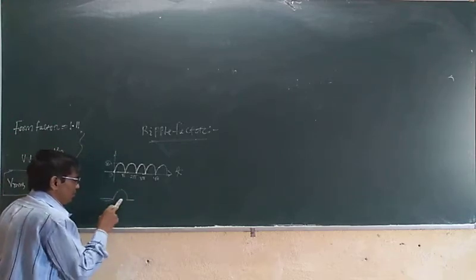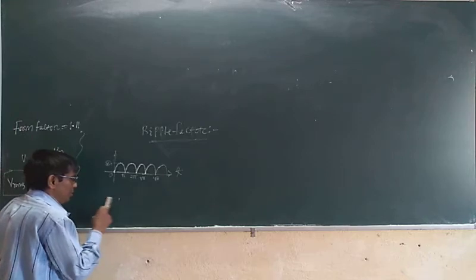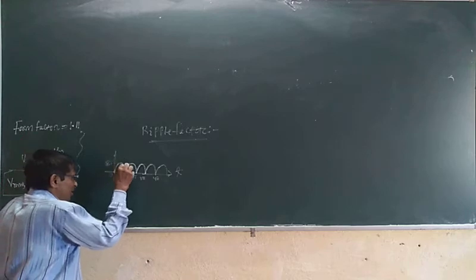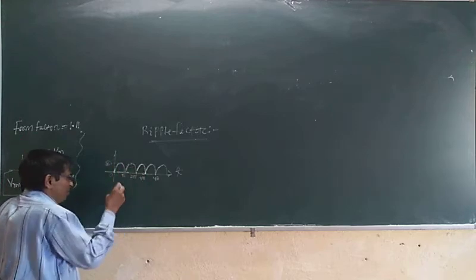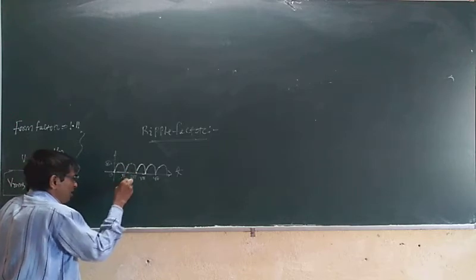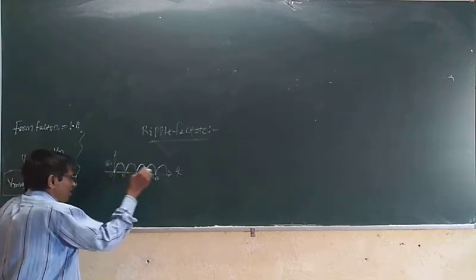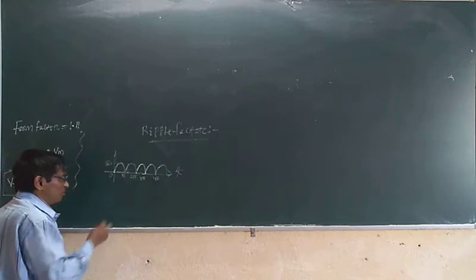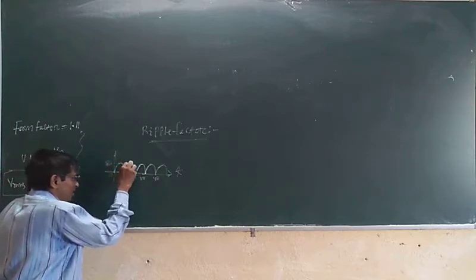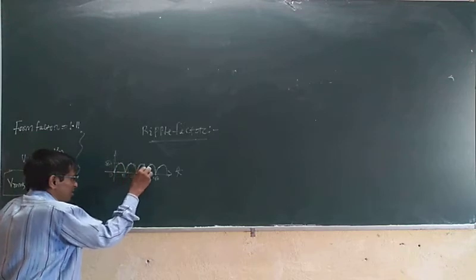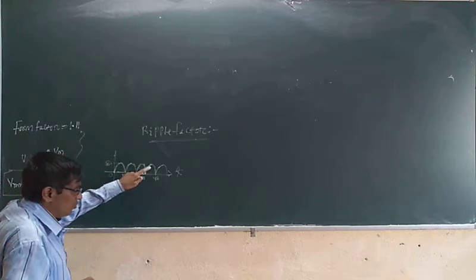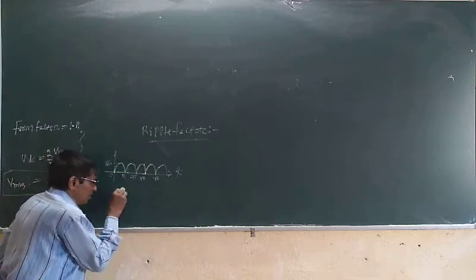Now AC nature means the direction always changes, positive, negative. The diode blocks the negative half cycle, but in the rectifier output the output also increases and decreases. This disturbance is known as an AC pulse.